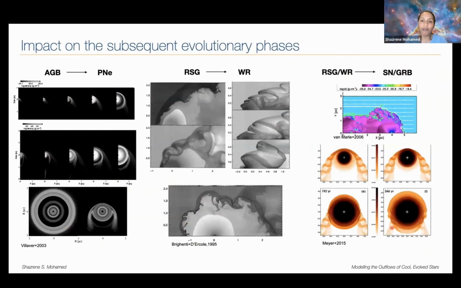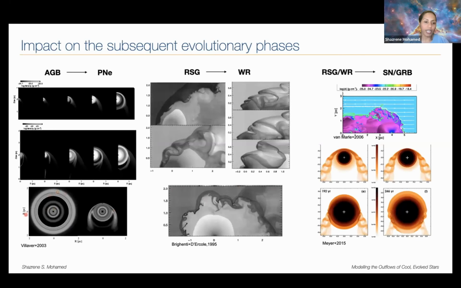The bow shocks themselves are very important because they set the initial conditions for the subsequent phases of evolution of the circumstellar medium. And so this is an example here from Eva Villaver, and this has been studied for what happens now if you have this runaway star and you then transition to the planetary nebula phase.